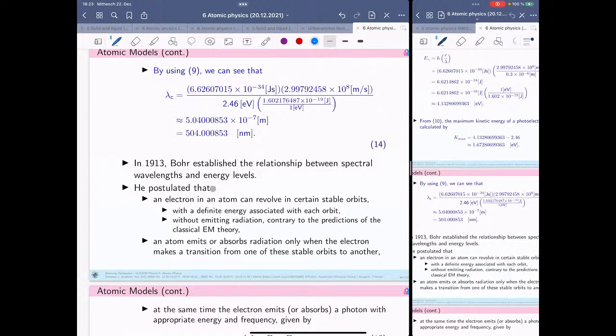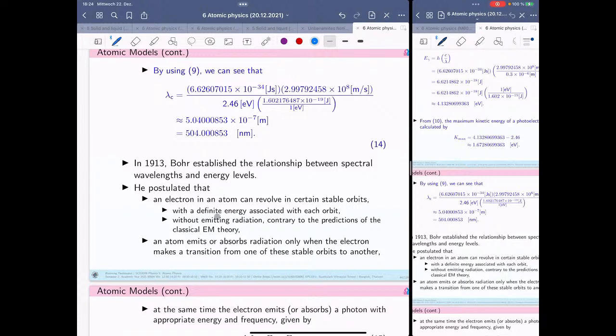He postulated that an electron in an atom can reside in certain stable orbits. He imagined at that time that electrons should have orbits, right? And certain stable orbits, not random orbits, with a definite energy associated with each orbit.